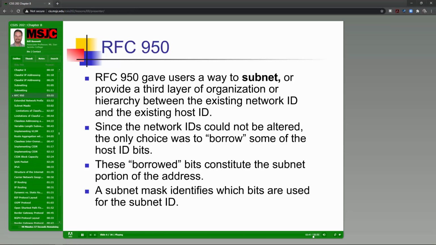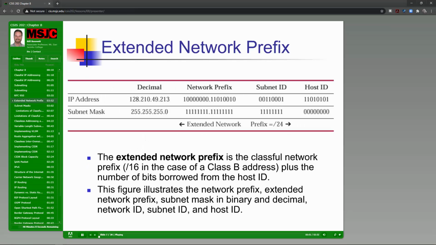And so the subnet ID actually will become part of the network address. We'll be adding to the existing network address. Now, your author refers to this as the extended network prefix. So again, all we're doing is we're taking the original network portion of the IP address and we're adding to it.